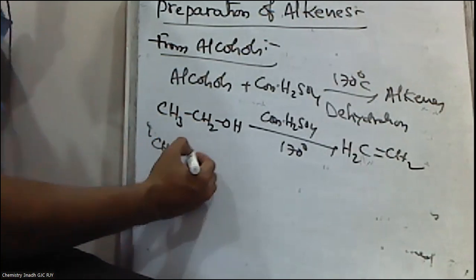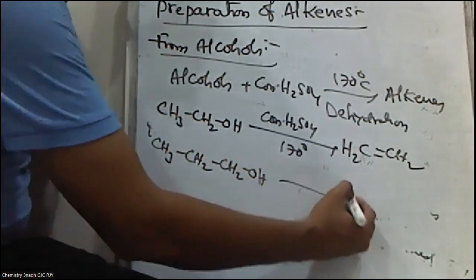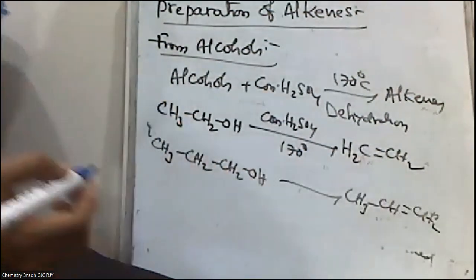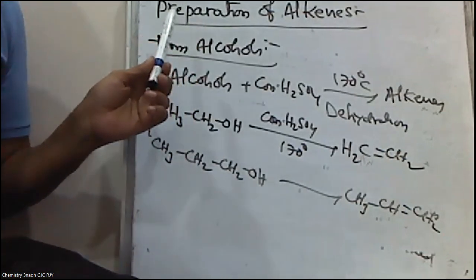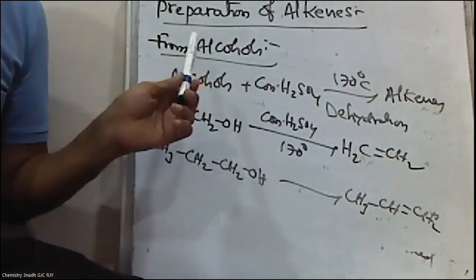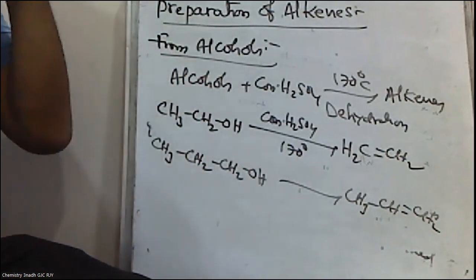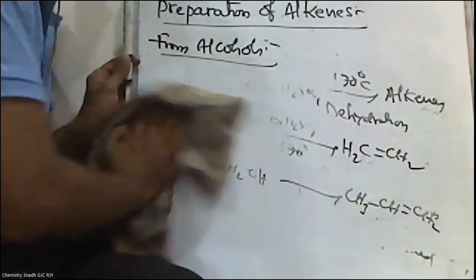For example, if you take CH3CH2CH2OH, the product is CH3CH=CH2. So this is the dehydration of alcohols.